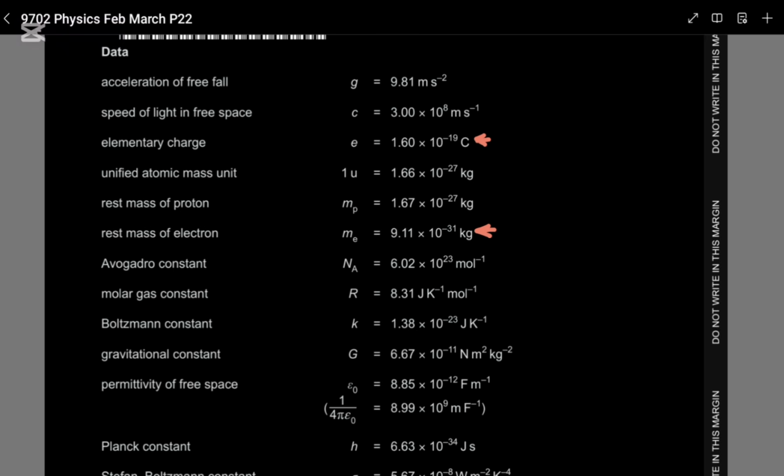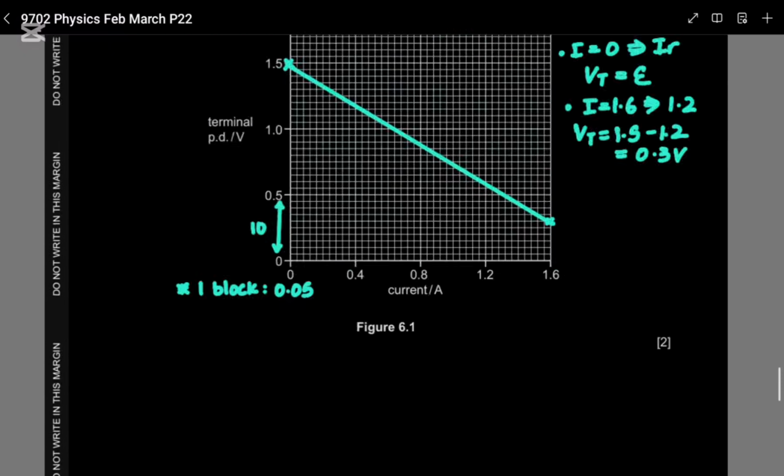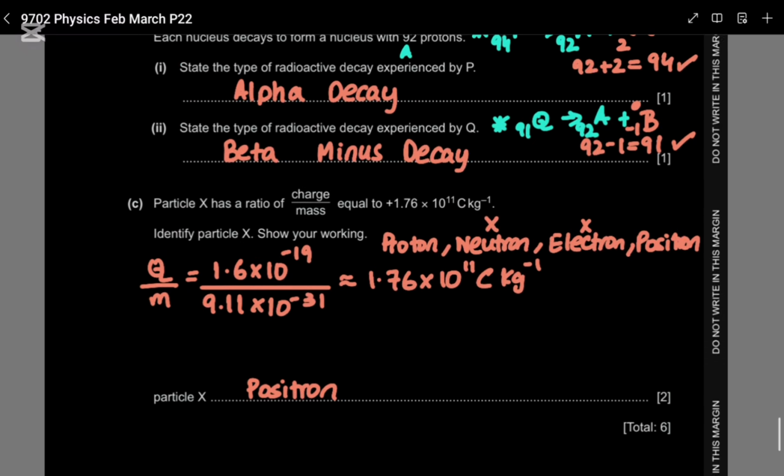Now let's try with proton. The rest mass of a proton is 1.67 times 10 to the power of minus 27. Let's go back. 1.67 times 10 to the power of minus 27, remember that. Proton, so the charge to mass ratio again is 1.6 times 10 to the power of minus 19 over 1.67 times 10 to the power of minus 27, and let me just put it into my calculator.